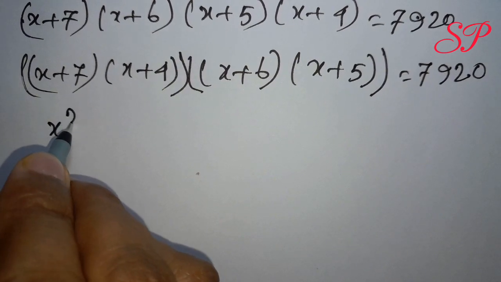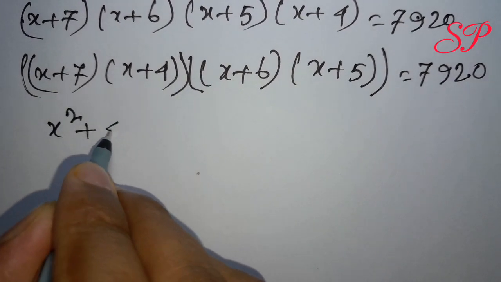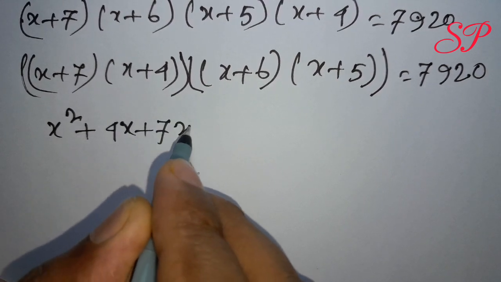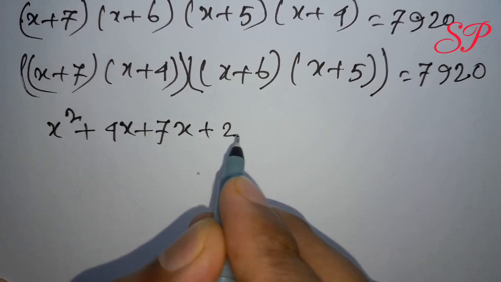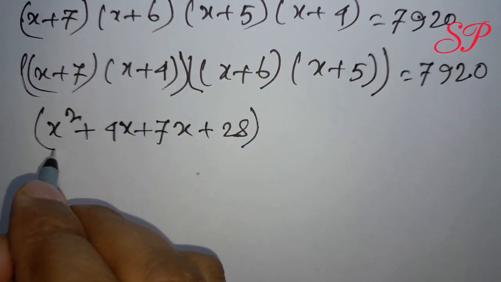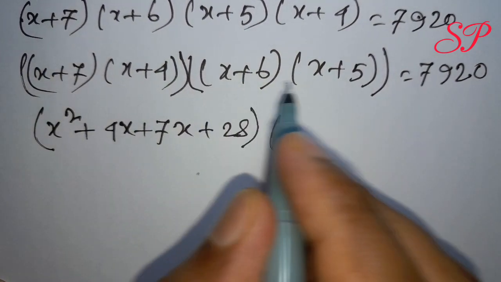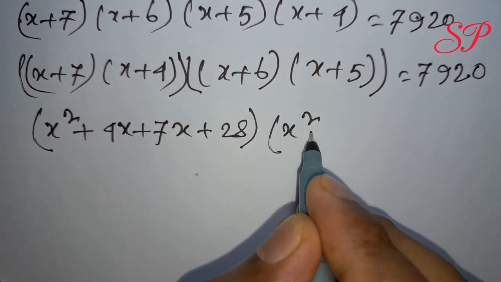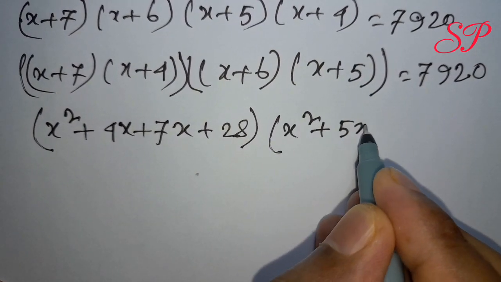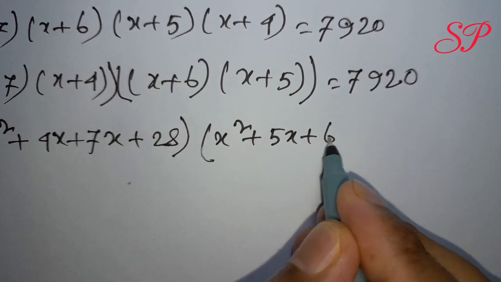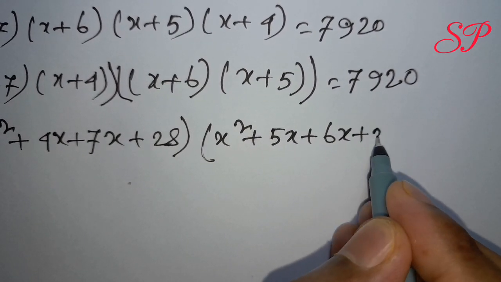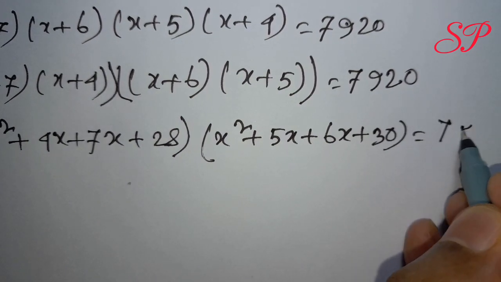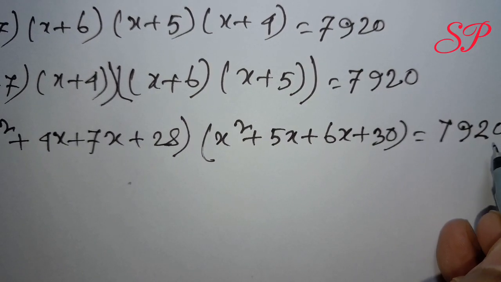Then we multiply x plus 7 and x plus 4. Here we can write x square plus 4x plus 7x plus 28. And multiply x plus 6 by x plus 5. We can write x square plus 5x plus 6x plus 30 is equal to 7920.